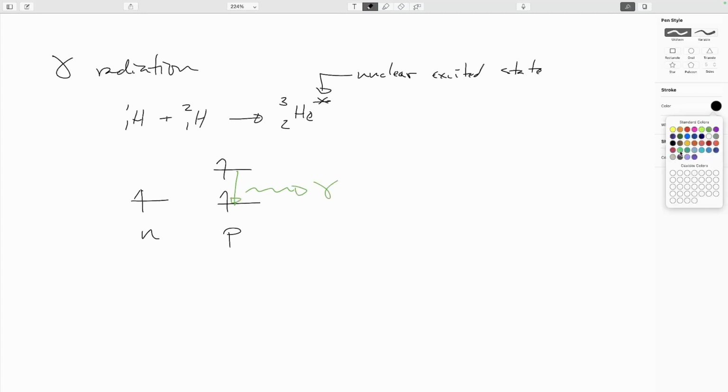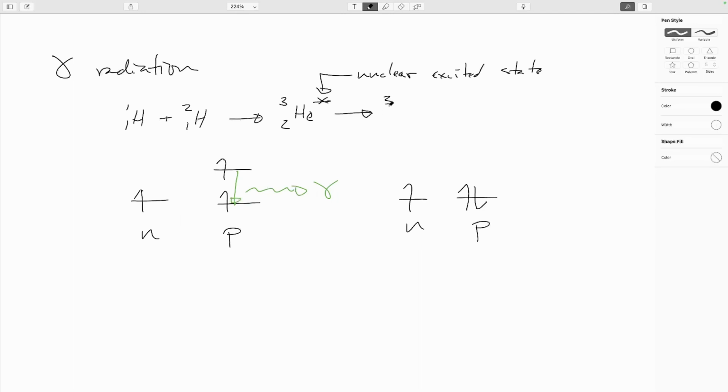So then if we look at our energy level diagrams afterwards, here's my neutron, there's my proton, I end up with that as the final state after the photon took out the energy from the nuclear excited state. So then we usually just write these excited states as star. So then we just note the ground state without the star.